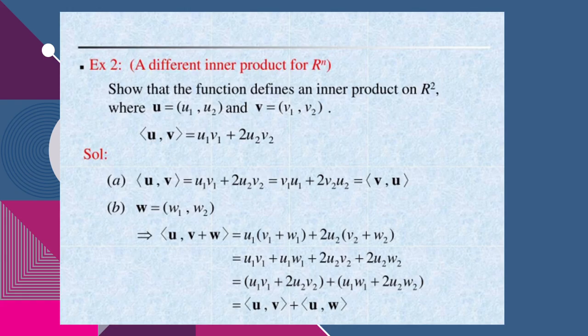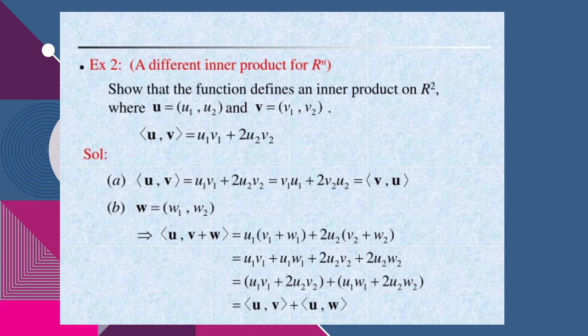Okay, not all inner products look exactly like the regular dot product. Here, we are given a new function. The inner product of u and v equals u1 v1 plus 2 times u2 v2. Notice that extra 2 multiplied to the second pair of numbers. Let's check if this still satisfies the rules.